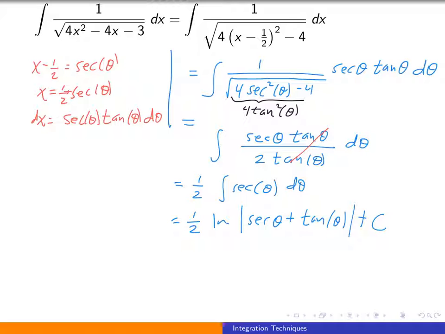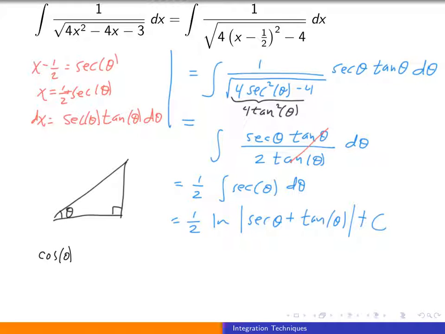So in order to do so, we draw the right triangle corresponding to our trigonometric substitution. So our trigonometric substitution is x minus 1/2 is equal to secant theta. Maybe a slightly more convenient way to write that is in terms of cosine.